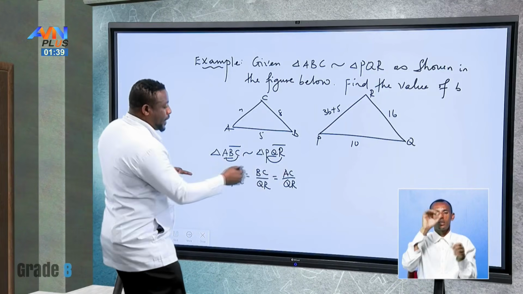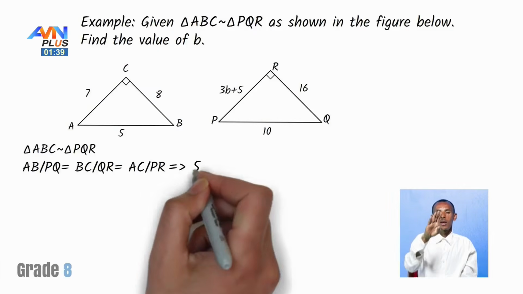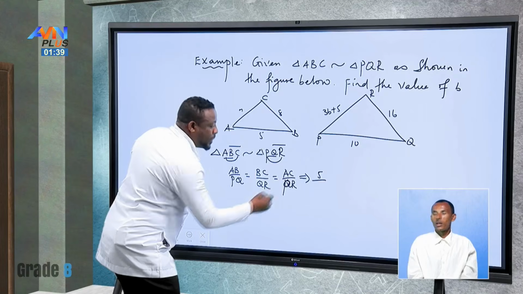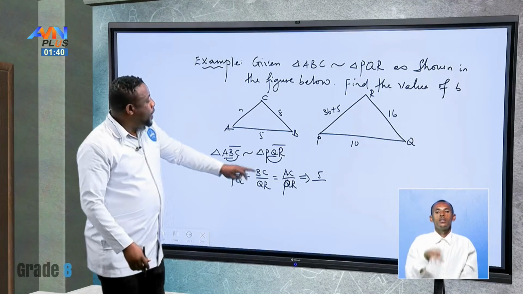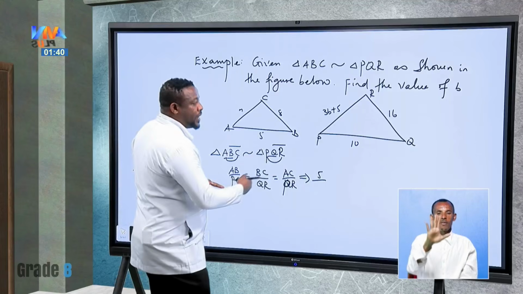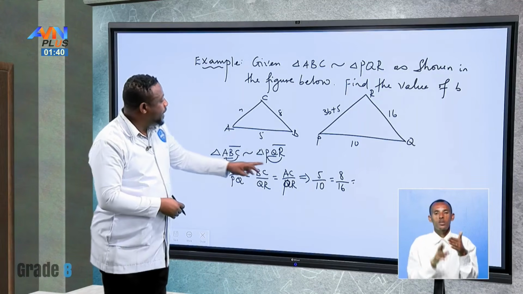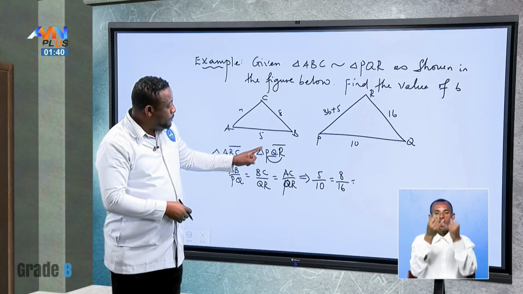So AB is 5 and PQ is 10. BC is 8, and QR is 16, and the last ratio is AC over PR.